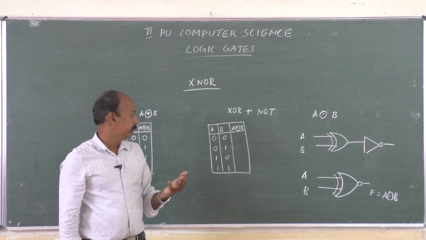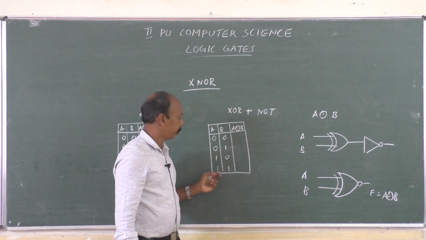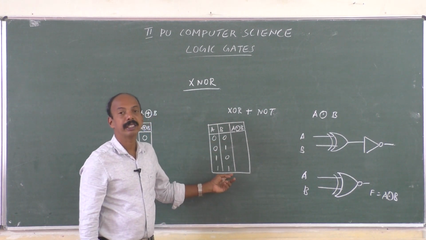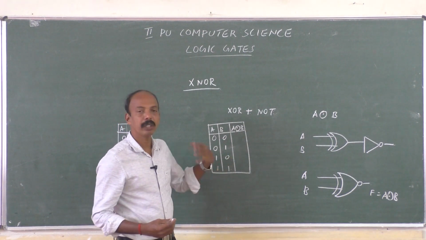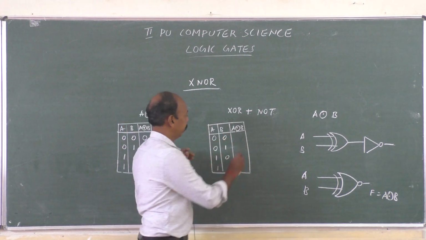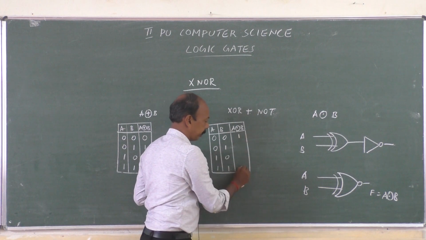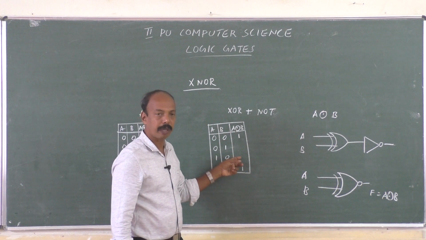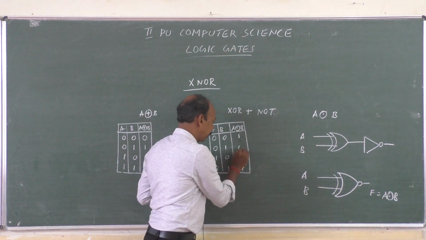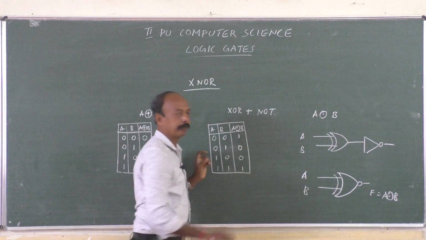We can remember for 0 and 0, 1 and 1, we got 0 in case of XOR. Here that will be complemented. So what we will get? Here we will get 1, here also we will get 1. For the other two combinations we got 1, so that will be complemented here, so we will get 0.